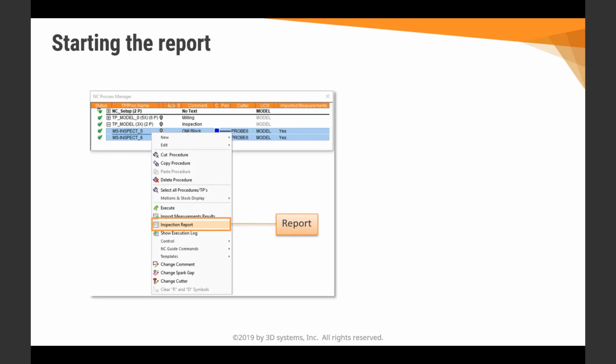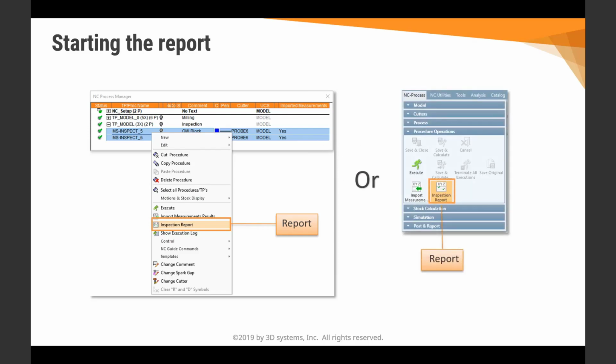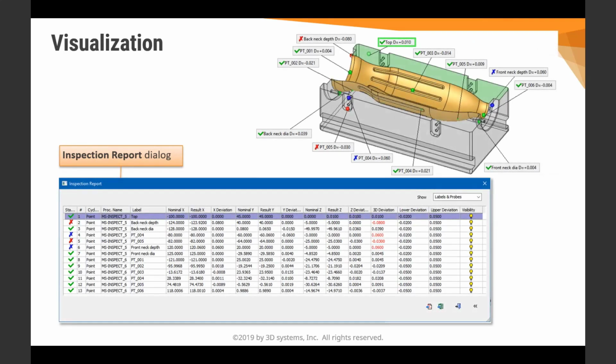Okay, for starting the report, you should select the procedure, right click on it and select the inspection report command from the context menu, or the same command from under the NC process pull down menu. Once you activate the command, this is what is shown.